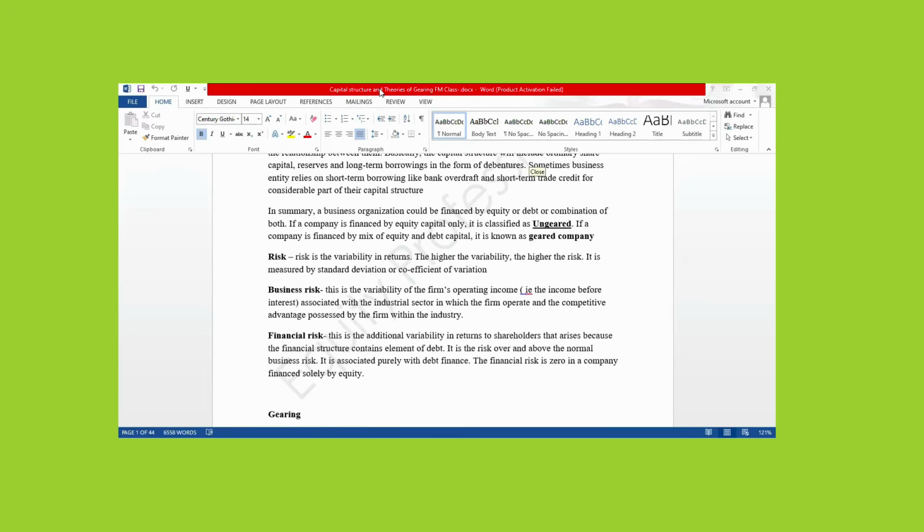Question from Ahmed: if a company is fully financed by debt, how do we classify the company? Please note, in reality, no company is financed by debt 100%. In practice, you cannot see a company financed by debt 100%.